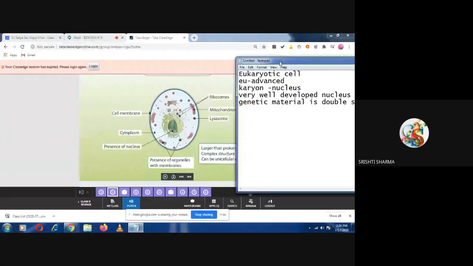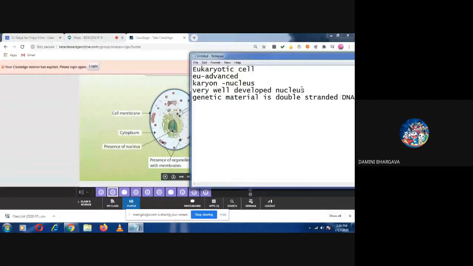And what is the meaning of DNA? What is DNA, students? Deoxyribonucleic acid. Very good. Learned everyone, deoxyribonucleic acid.